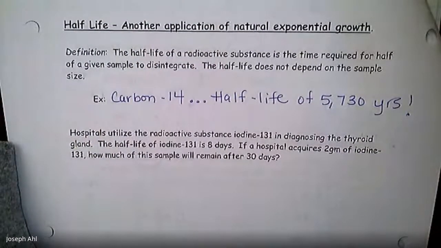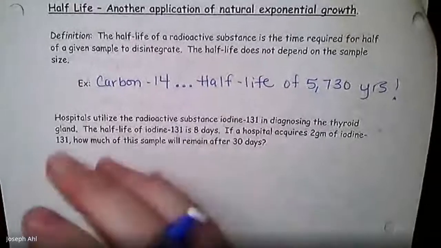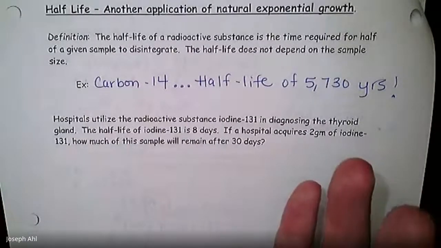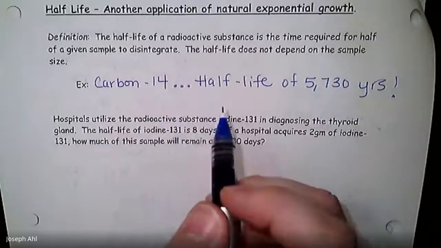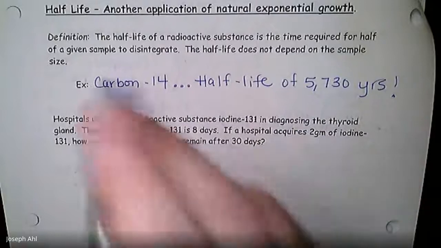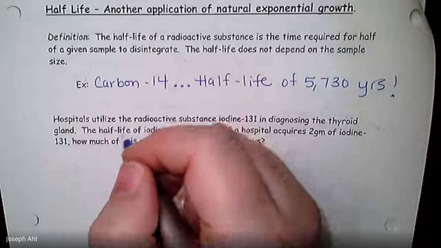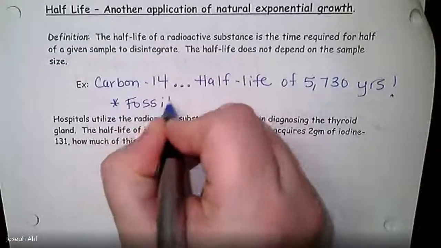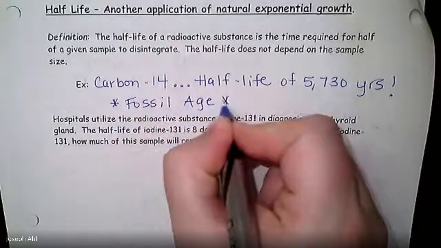So you can imagine that if we know how much carbon-14 we would expect to have in a particular fossil, based on how much is there, we can determine that since the half-life is about 5,730 years, how old that particular fossil is. So this would be used to determine fossil age, most likely.